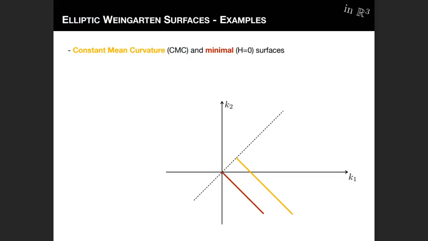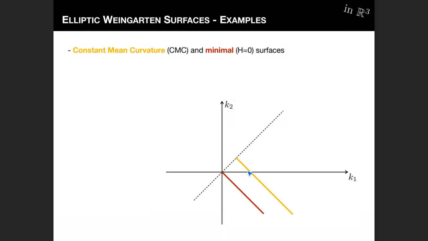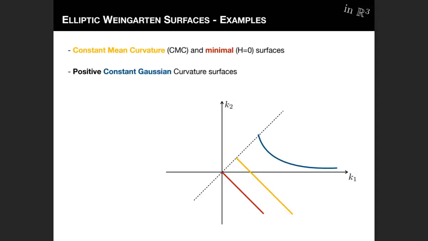So regarding examples, of course, we have the easy ones that are the constant mean curvature surfaces and minimal surfaces. In this case, the curvature diagram is a line of slope -1 starting from the origin in the case of zero mean curvature, and starting from a different point in the case of non-zero constant mean curvature surfaces. We have the classical examples of positive constant Gaussian curvature.